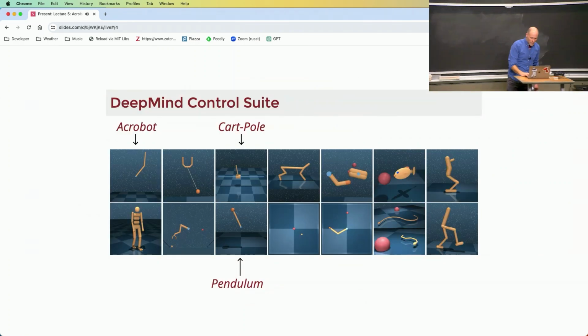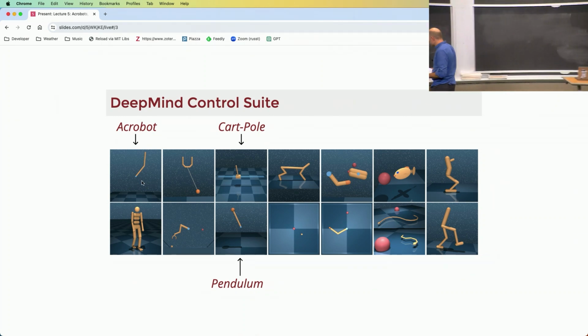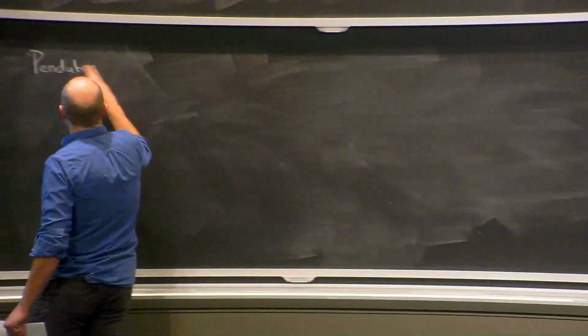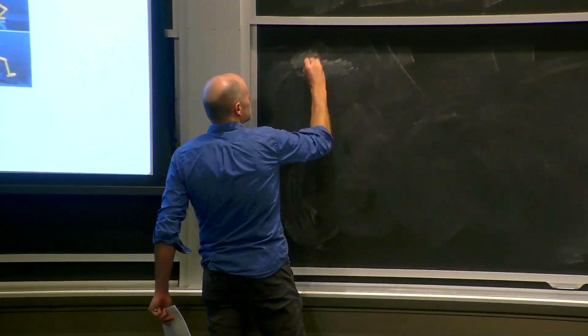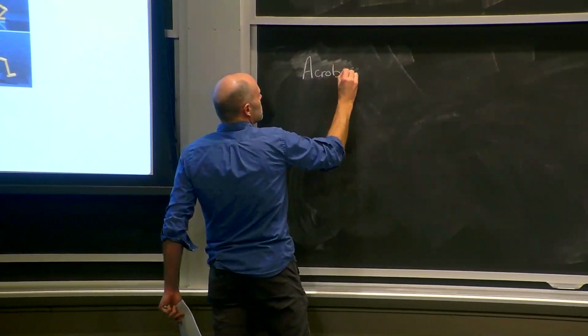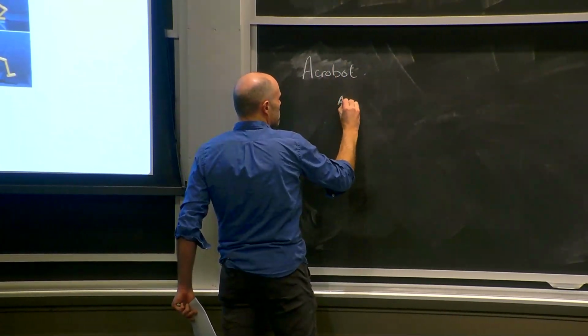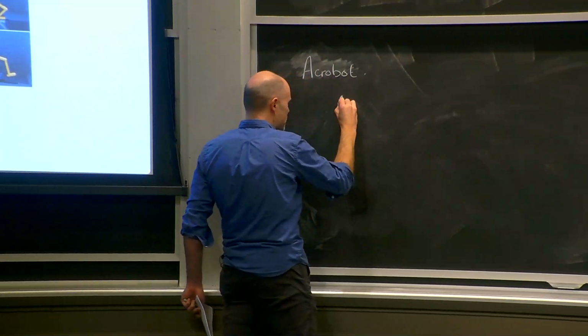So, okay, let's say what the Acrobot is. The Acrobot is a 2-link arm. I'll draw it out here. A 2-link arm, so that's attached to the world.